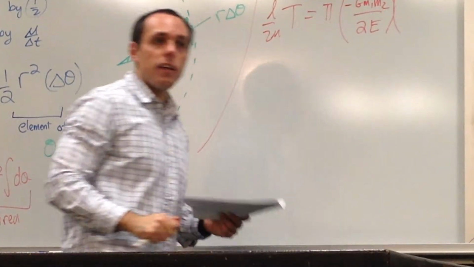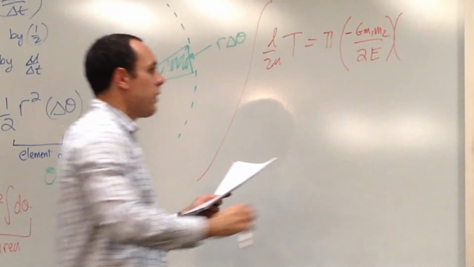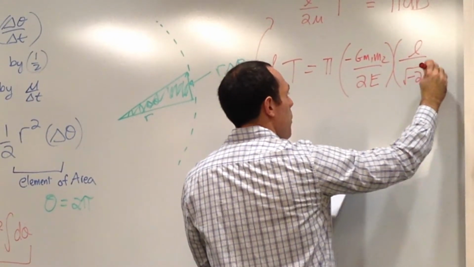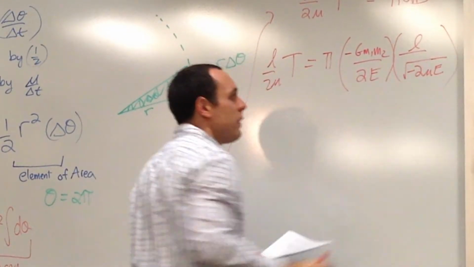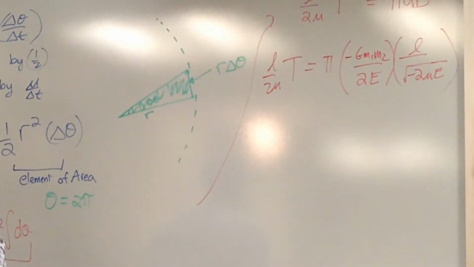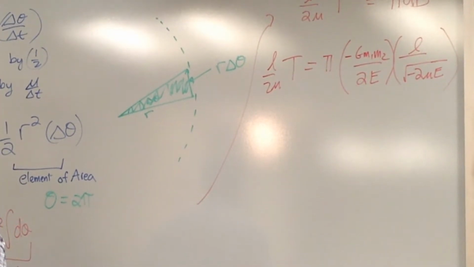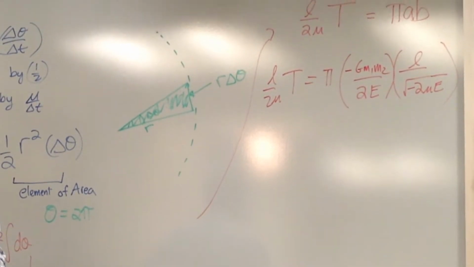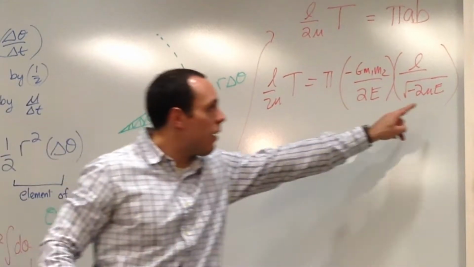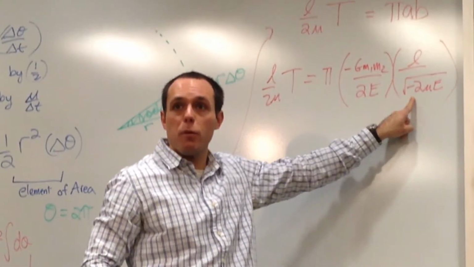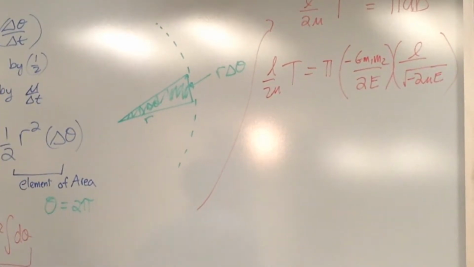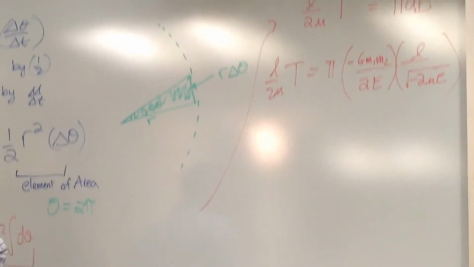And B, the length of the semi-minor axis, is going to be L over the square root of -2 mu E. Now, if it disturbs you that you have a square root with a negative term, remember, I'm describing a bound orbit, which is how I'm calculating the area. A bound orbit means the energy is negative. So E here is negative, so a negative number times a negative number gets us a positive number. So we're not dealing with, say, imaginary numbers.